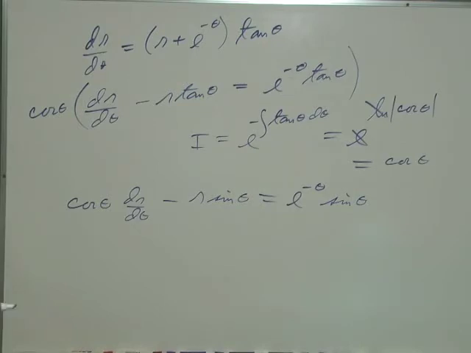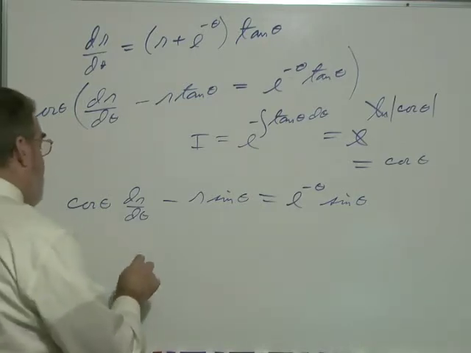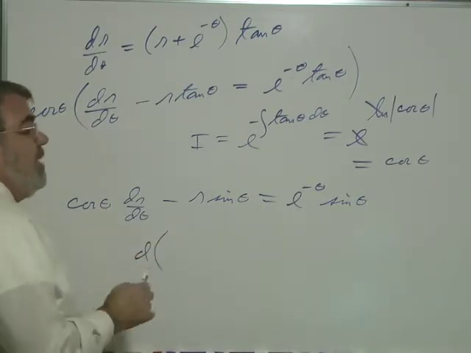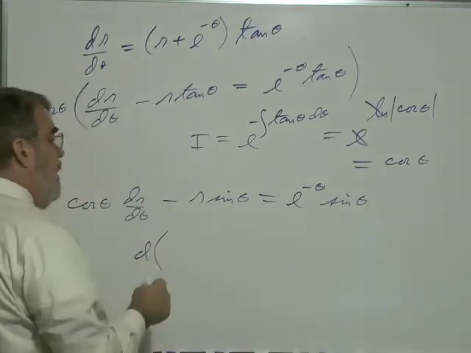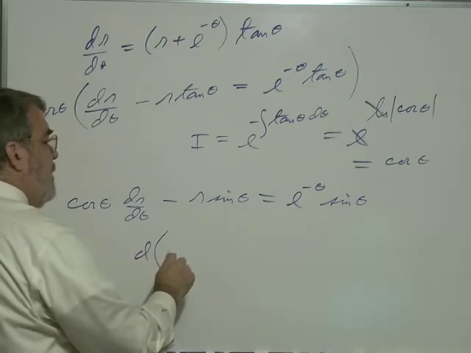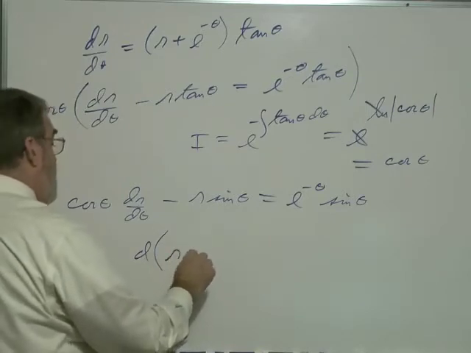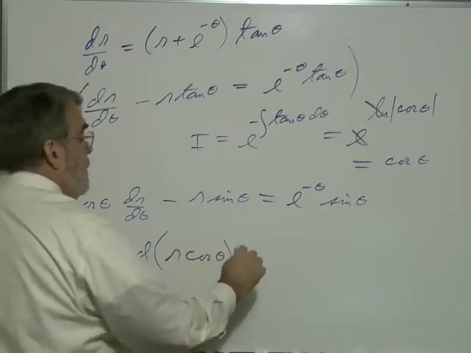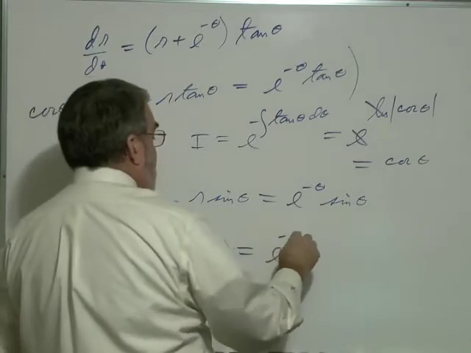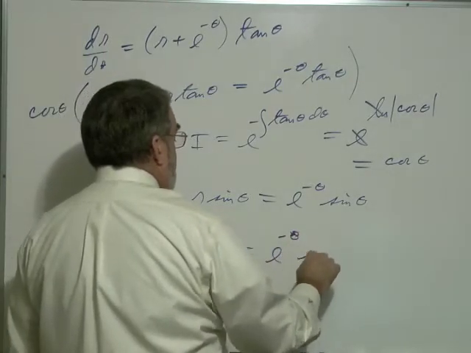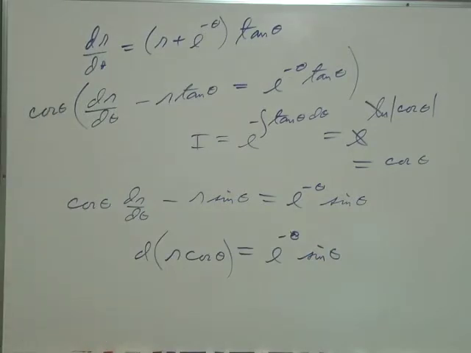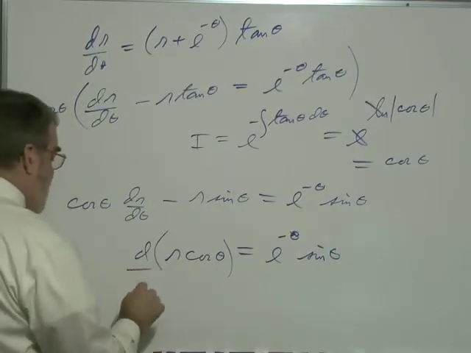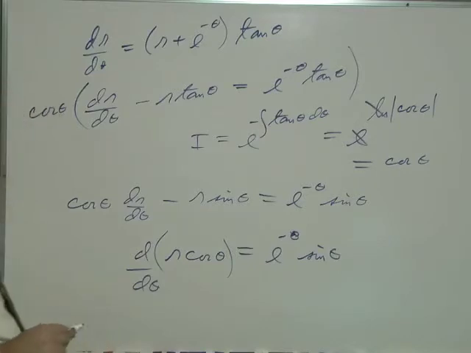Well, presumably the left side is the derivative of the integrating factor times my variable r. So it's the derivative of r cosine theta, and that equals e to the negative theta sine theta. Not the differential, I'm sorry, it's the derivative with respect to theta.